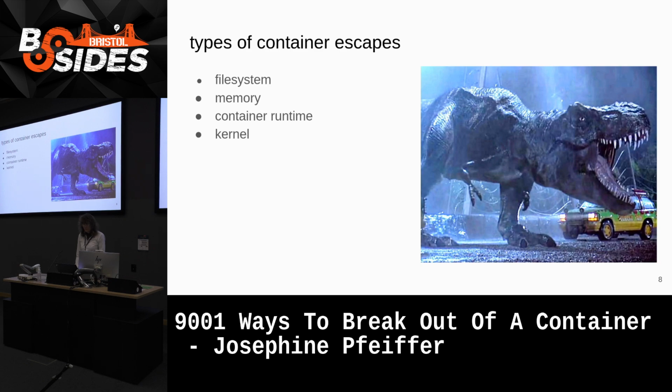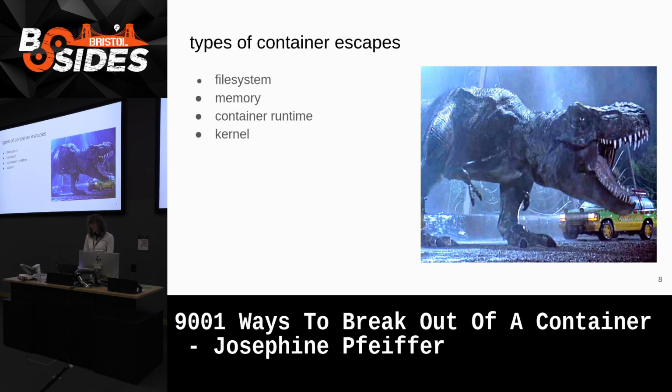And for memory, you can cause a buffer overflow in a containerized process and then manipulate shared memory regions. And the container runtime itself, if you misconfigure it, you can execute commands directly on the host system and bypass some of those boundaries we saw earlier.